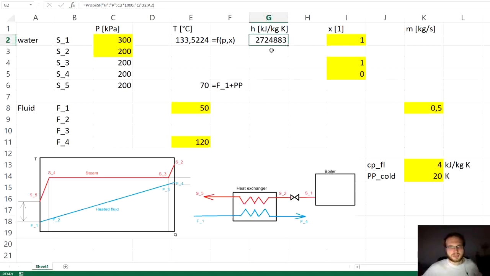Now also you see that the value is very high. It's because it's not in kilojoules per kilogram Kelvin, but in the basic units, joules per kilogram and Kelvin.